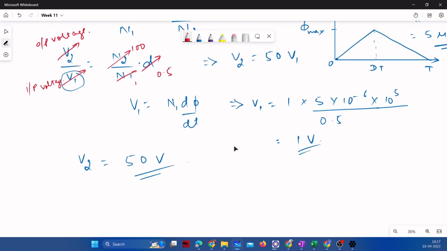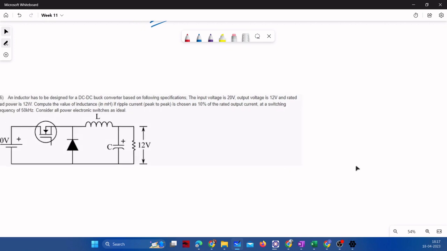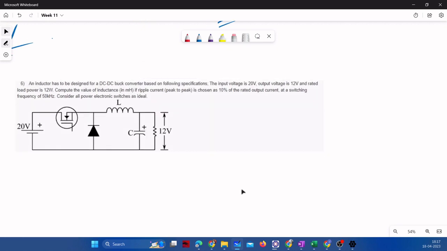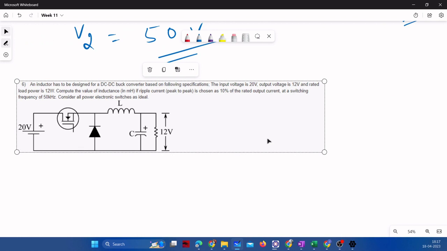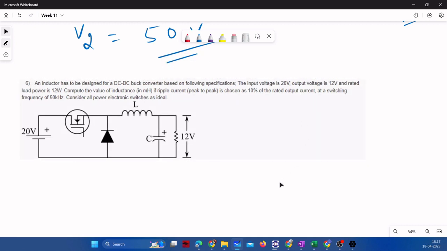So let me pose a last problem based on the magnetic circuit. Here we need to identify the value of the inductor, and the ripple tolerance is also mentioned. This is a conventional buck converter, and we need to compute the value of inductance if ripple is allowed as 10% of the rated current, and the switching frequency and all are given.